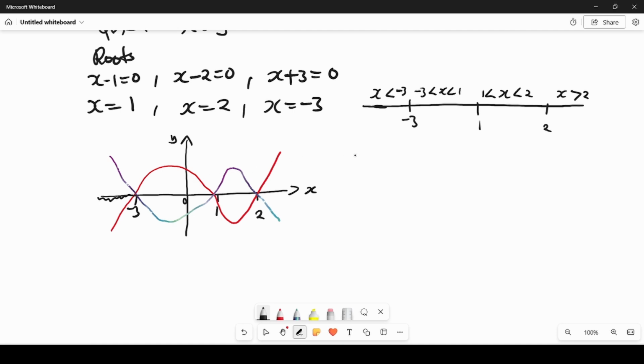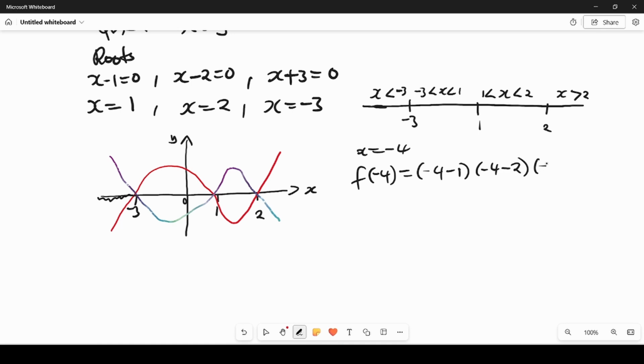Let x be equal to minus 4. Then substitute in the given function: minus 4 minus 1, minus 4 minus 2, and minus 4 plus 3. Let's see what happens to the sign.